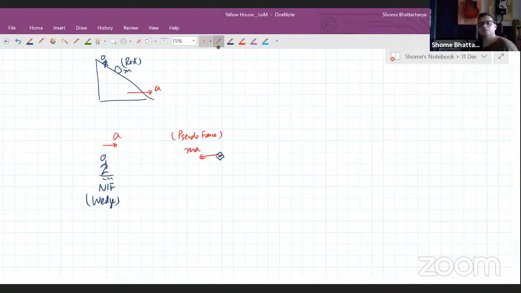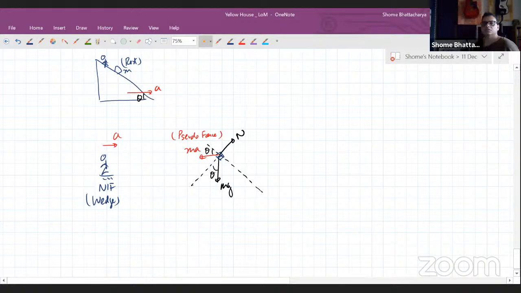And then apart from this, of course, there will be the weight of the block, mg, which is acting vertically downwards, and normal reaction, which will act perpendicular to this inclined surface. So this angle is theta. You can see here this angle is theta, or this angle is theta.